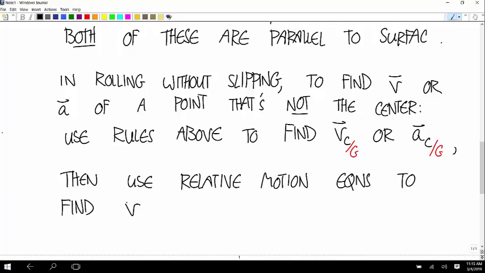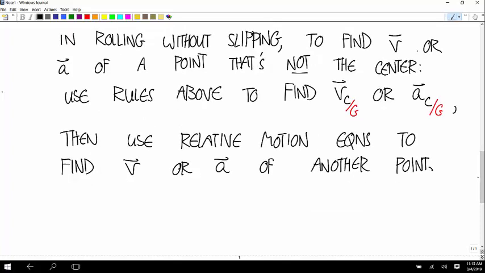So to find velocity or acceleration of another point. Okay, so I'll show you how this works. And the relative motion equations would then look like this.